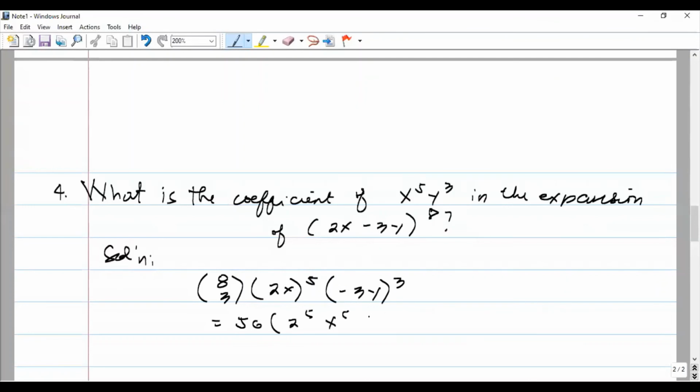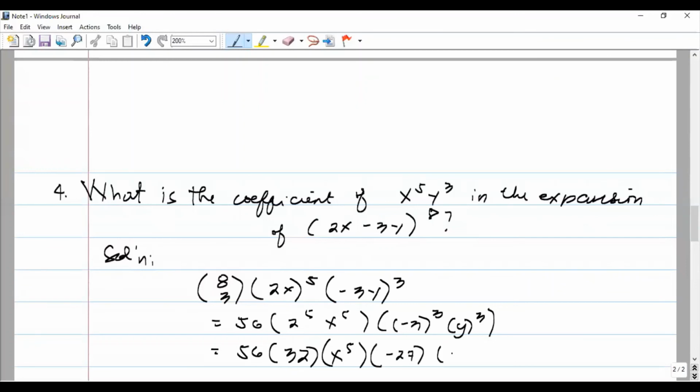x to the fifth times negative 3 to the third power times y to the third power is equal to 56 times 2 to the fifth is 32, x to the fifth, and negative 3 raised to 3 is negative 27 times y cubed.